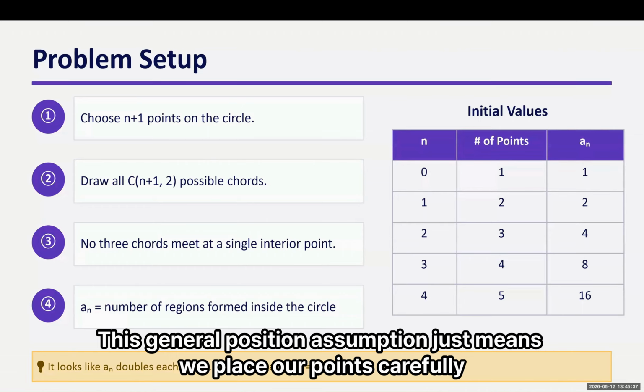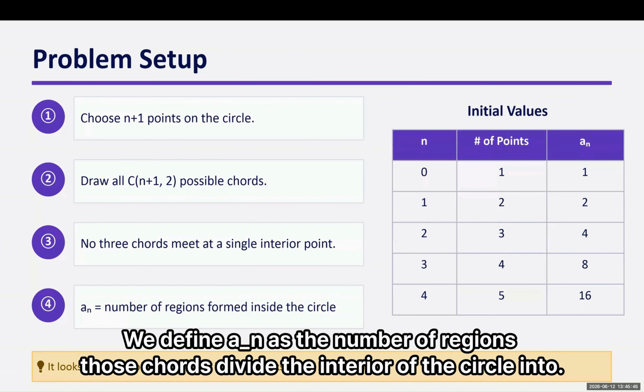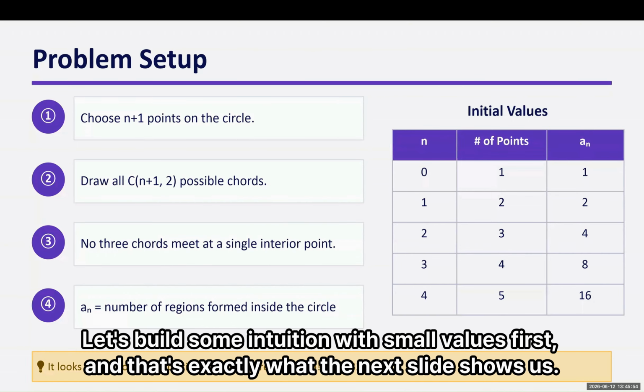This general position assumption just means we place our points carefully. We define A sub n as the number of regions those chords divide the interior of the circle into. Let's build some intuition with the small values first. And that's exactly what the next slide shows us.